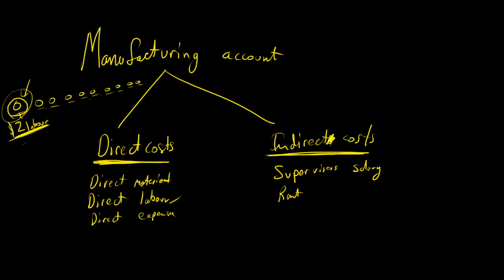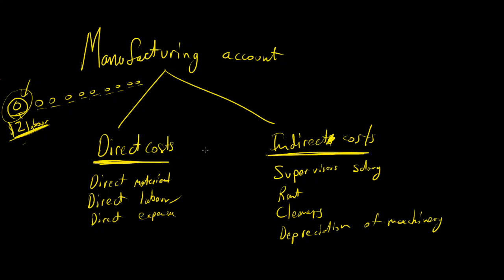And cleaners, the workers who clean the factory floor. Okay, cleaners, and then depreciation of machinery. All these come under indirect cost. All these are my indirect costs.